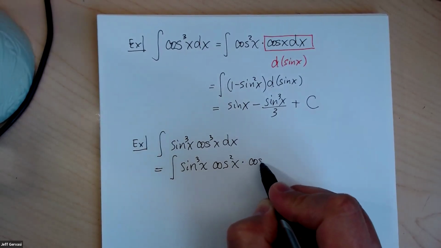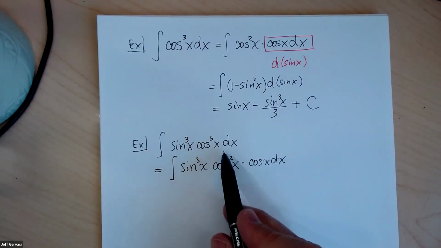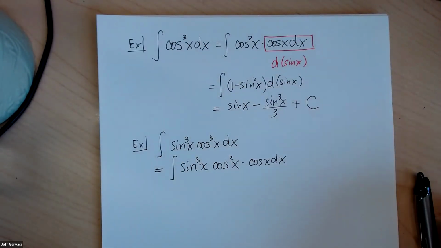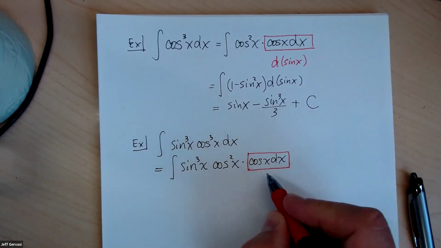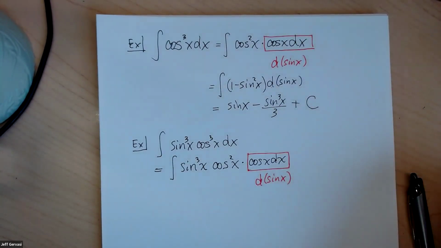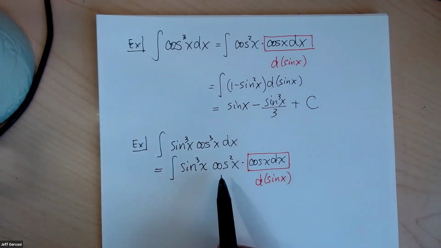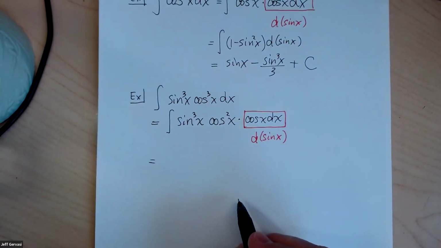I'm going to break away one of the cosines just because they're already next to the dx anyway. Just being a little on the lazy side. And so I'm going to rewrite this then as the differential of the sine function. Okay, which means I'm going to be integrating with respect to the sine, which means I'm going to have to rewrite the cosine squared with the fundamental identity.